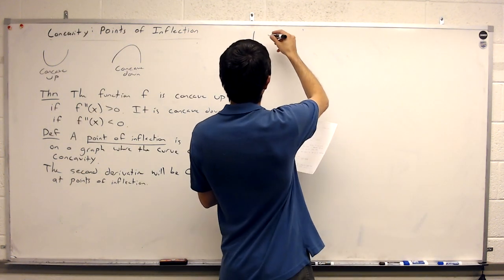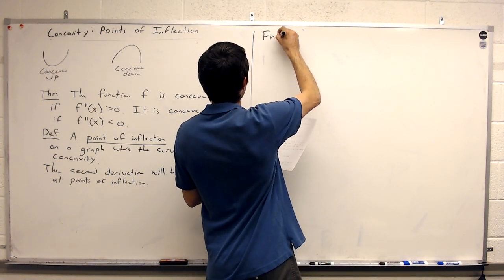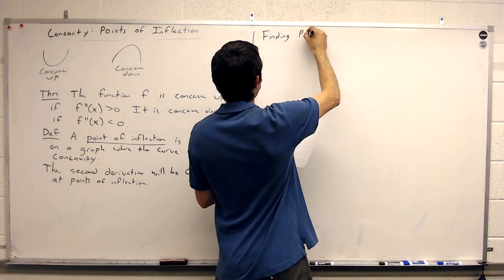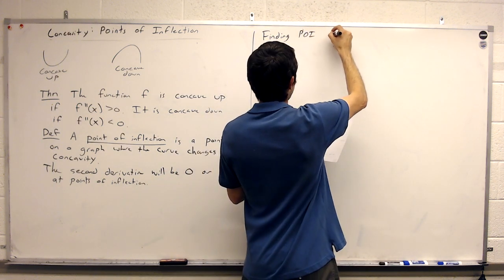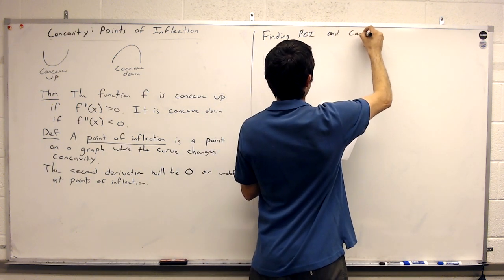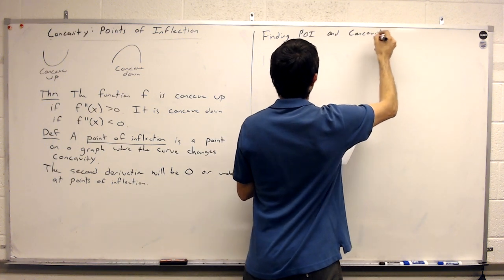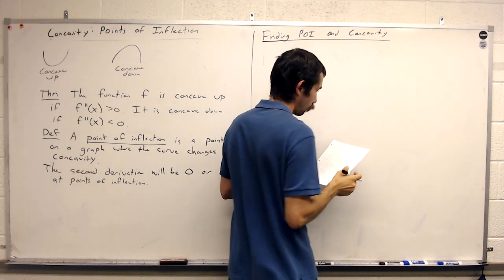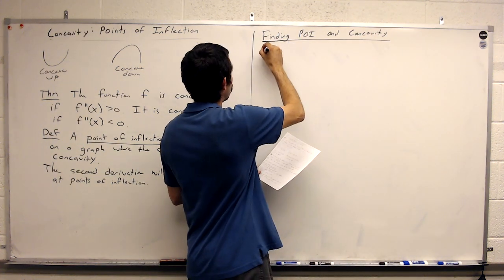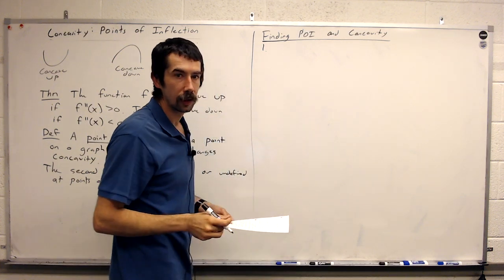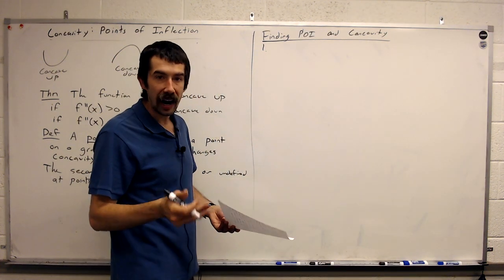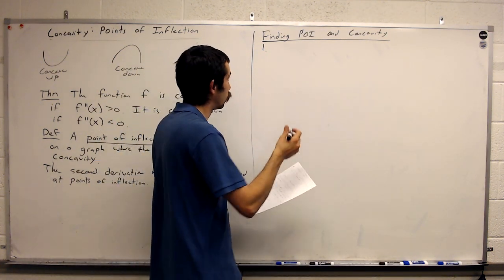Okay, so this is for finding points of inflection and concavity. So the first thing we're going to do is we're going to find the second derivative.